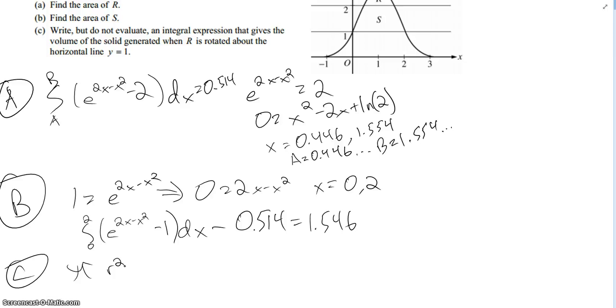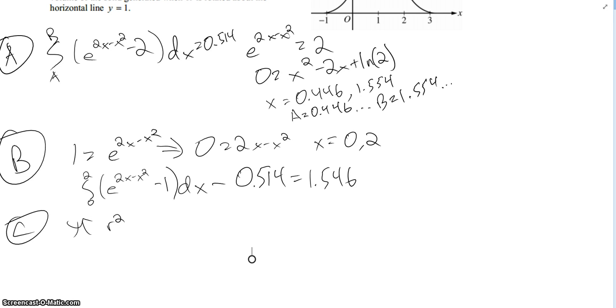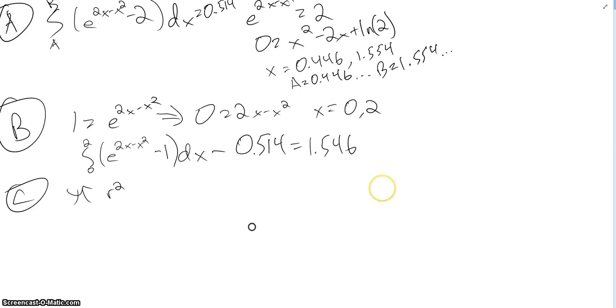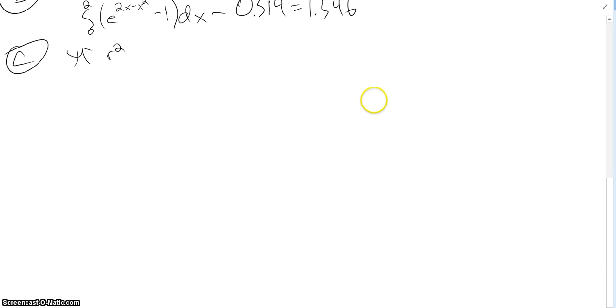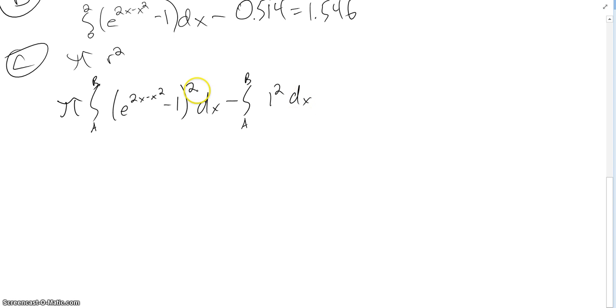So the way that we'll do that is we need the radius. Alright, so I'm going to copy and paste a new copy of the graph, but pretty much we're going to do pi, the integral from a to b of e to the 2x minus x squared minus 1, squared, dx, minus pi, the integral from a to b of 1 squared dx.